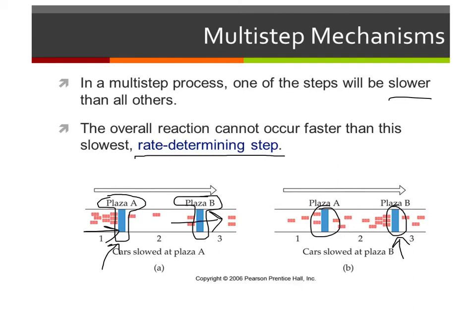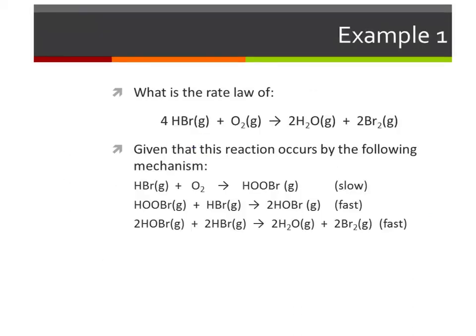So in this scenario, Plaza B would be the rate determining step. Figuring out the rate law for a multi-step reaction then requires a few extra things we need to think about. The rate of a multi-step mechanism is going to be dependent on the rate determining step.